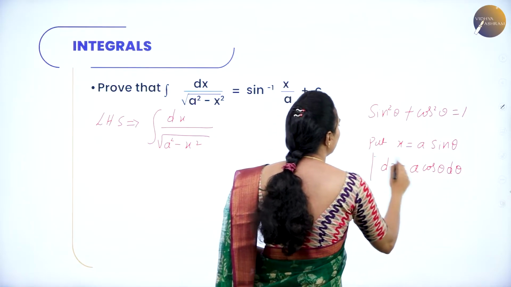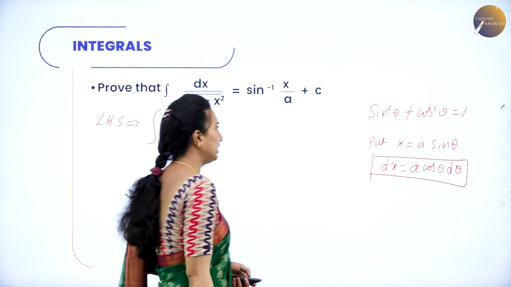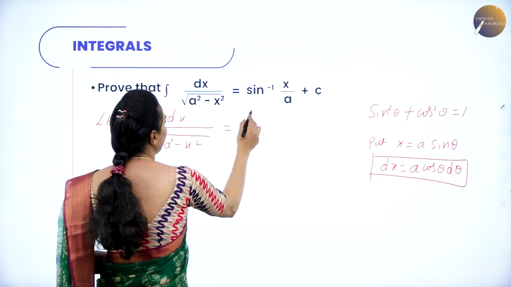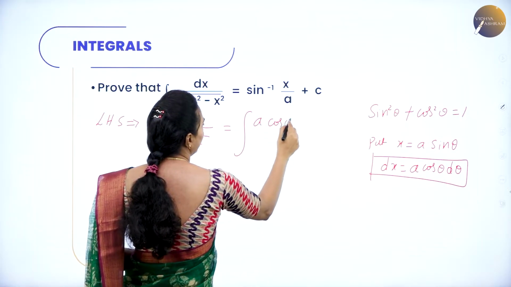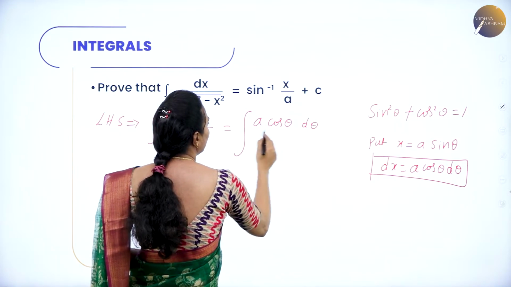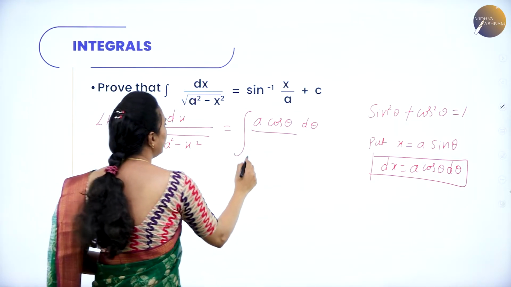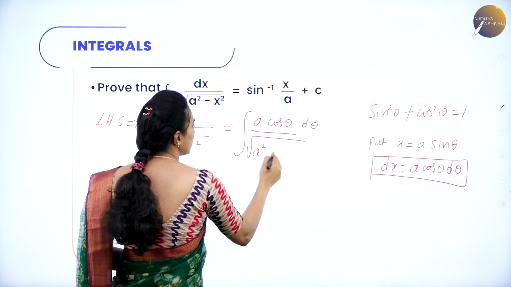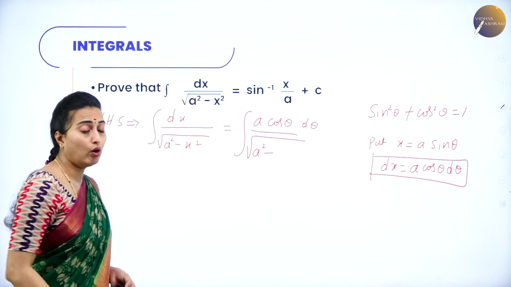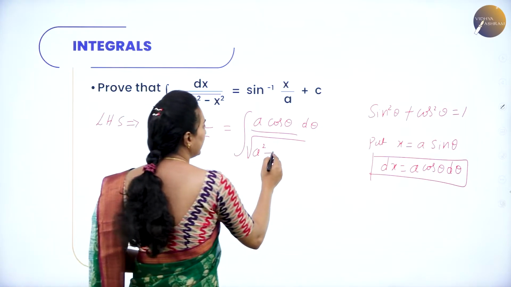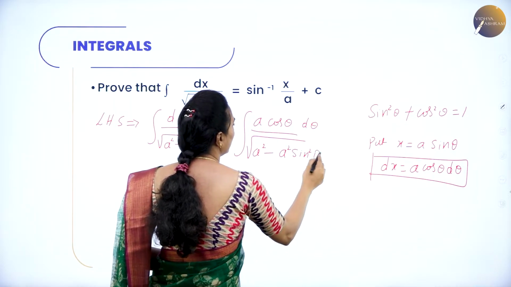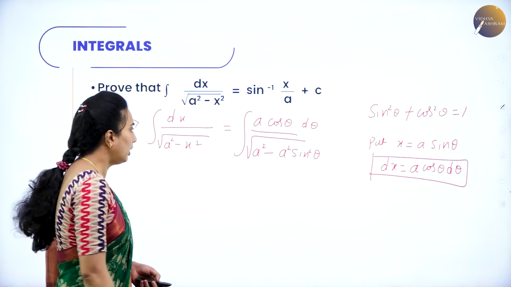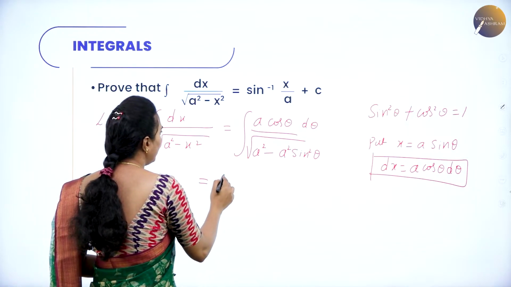Now substituting dx as this and x as a sine theta, the left hand side will be equal to a cos theta into d theta divided by under root a squared minus x squared whole squared. You are having a sine theta whole squared, which will become a squared sine squared theta, as we have done in the last case. Now we are taking a squared as common factor in the denominator.